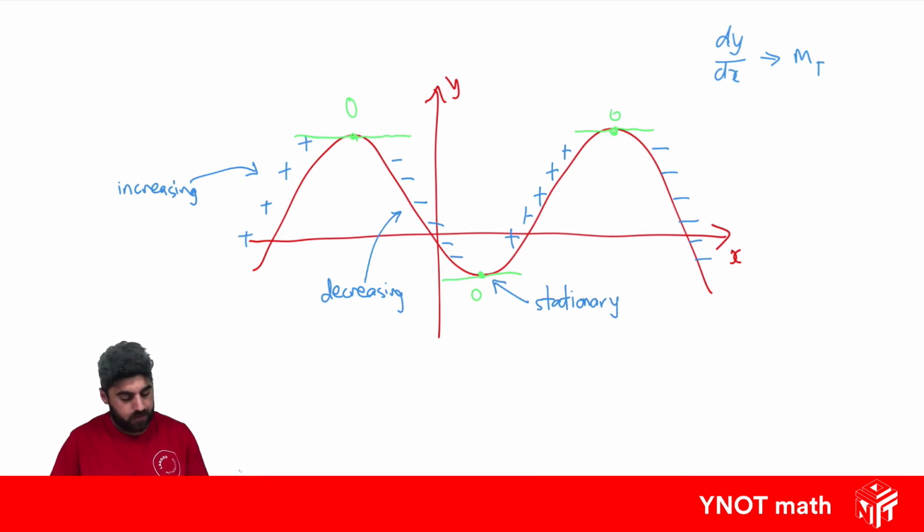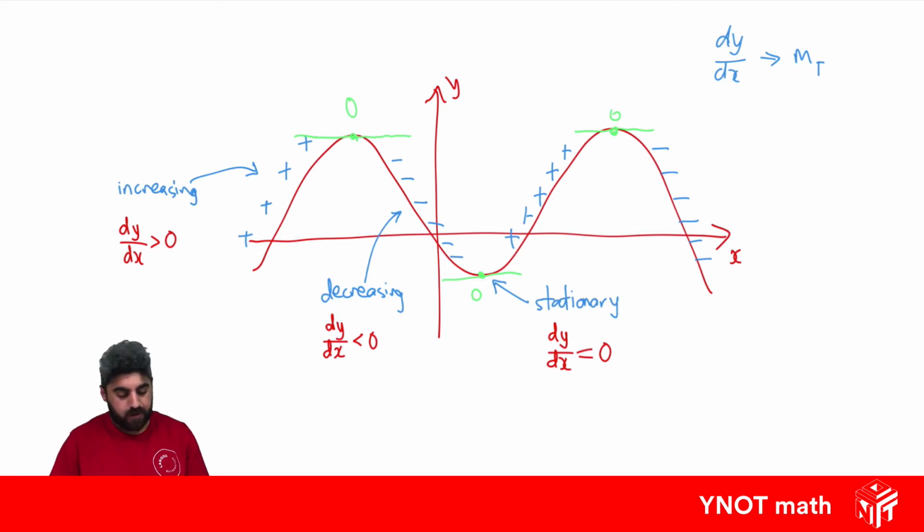So, in mathematical terms, it's increasing when our first derivative is greater than 0. It's decreasing when our first derivative is less than 0, and it's stationary when our first derivative equals 0. Now with our stationary points, we can see they're single points, whereas increasing and decreasing parts are on numerous points.